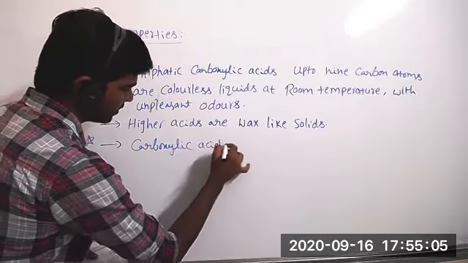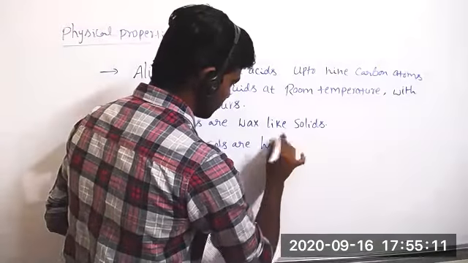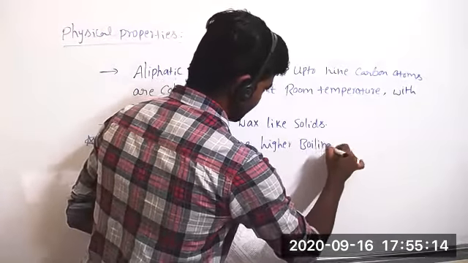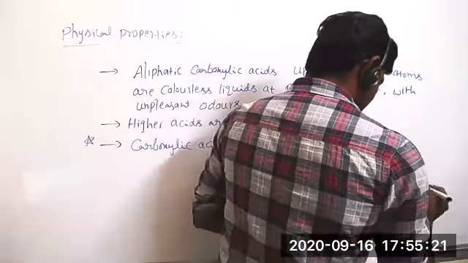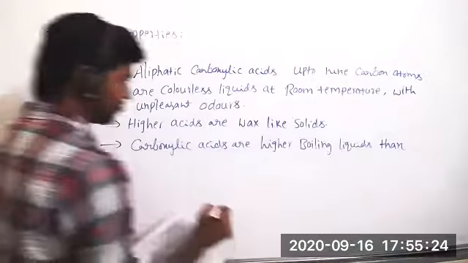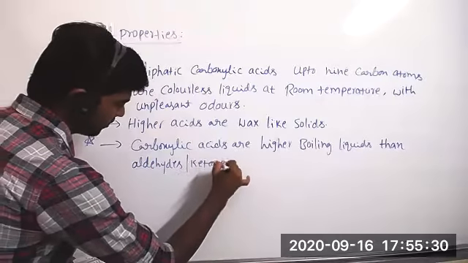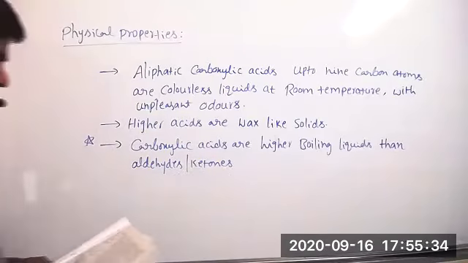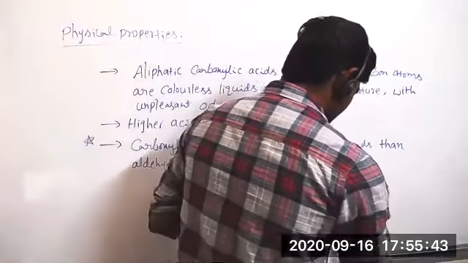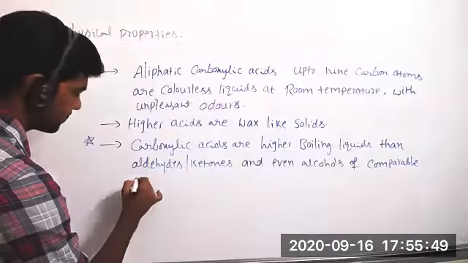Carboxylic acids are higher boiling liquids than aldehydes, ketones, and even alcohols of comparable molecular masses.